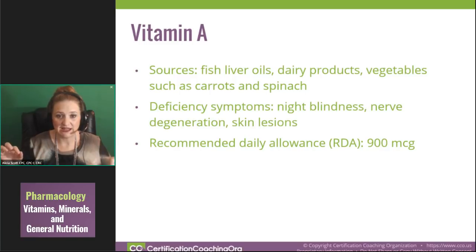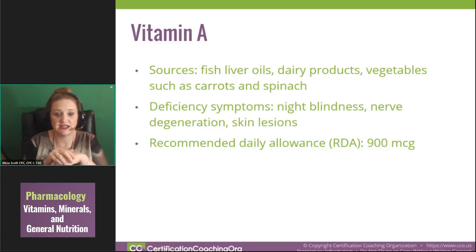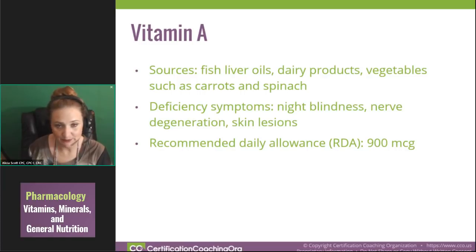You don't think about that needing lubrication like your skin does, but it has to be able to transmit, right, through those nerve endings, and so things like lecithin and vitamin A and vitamin E. You want healthy oils in your body, or you can have nerve damage. It's almost like a conductor. Even though it's oil based, we don't think of oil as being a great conductor, we think of water, but it helps with conduction, in my humble opinion, the way I remember it. The recommended daily allowance, which is abbreviated RDA, we like to abbreviate everything, is 900 micrograms.